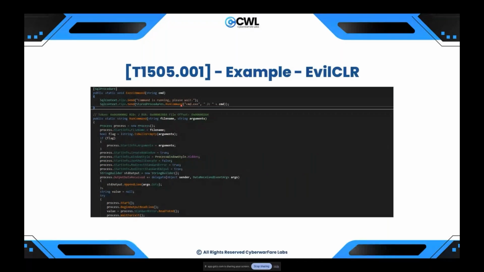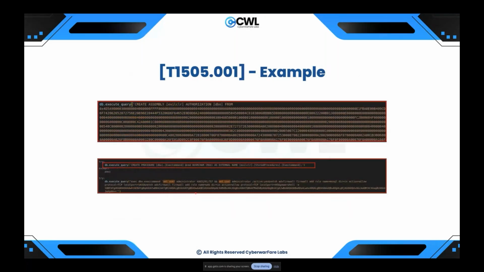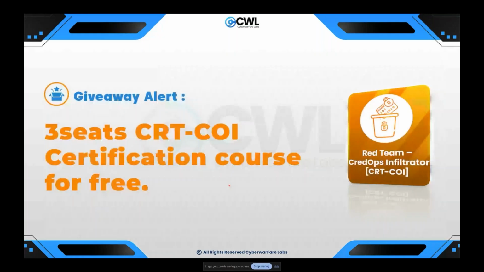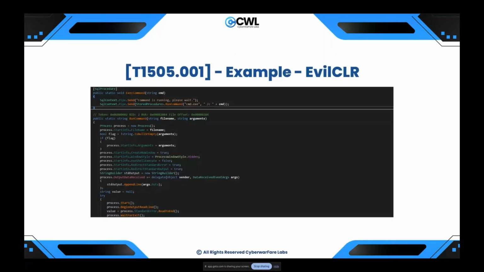So it's just creating a new process with cmd.exe with the argument itself, and right after the output is written, it is going to send the output through the pipe to the SQL database. So this is how it is implemented through the stored procedure, and this is one of the good persistent techniques that I have seen.